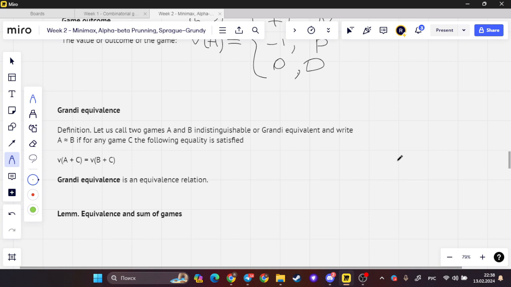And equivalence. Okay, we define an equivalence relation, Grundy equivalence.